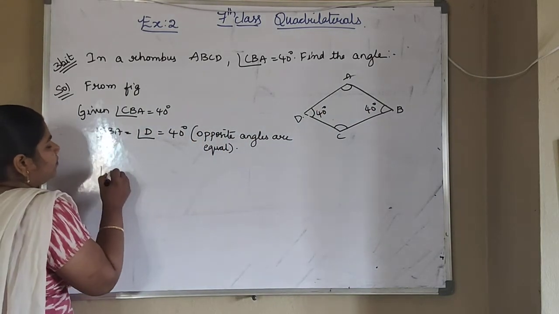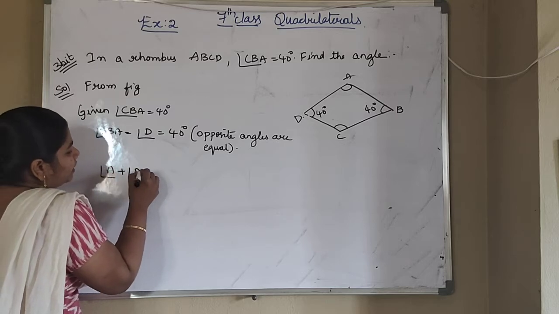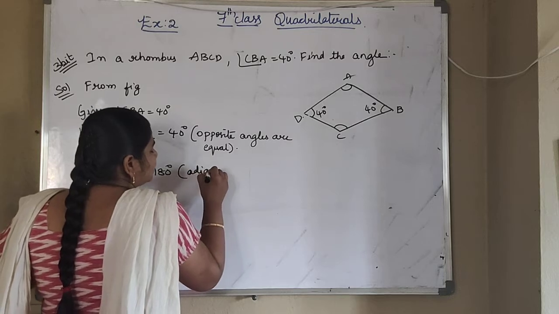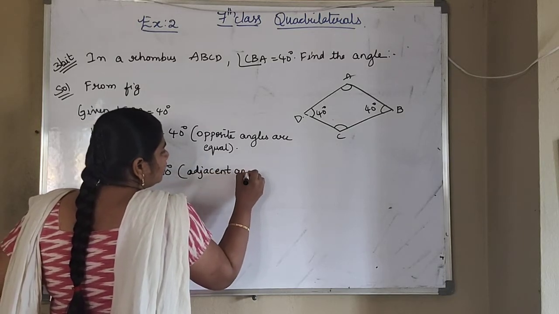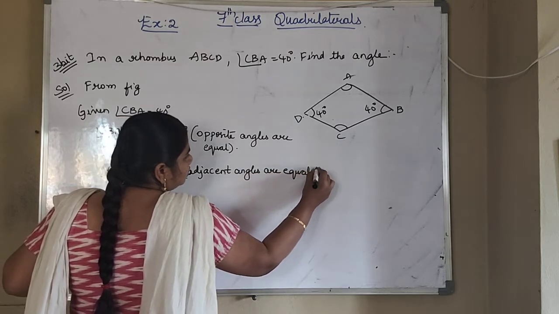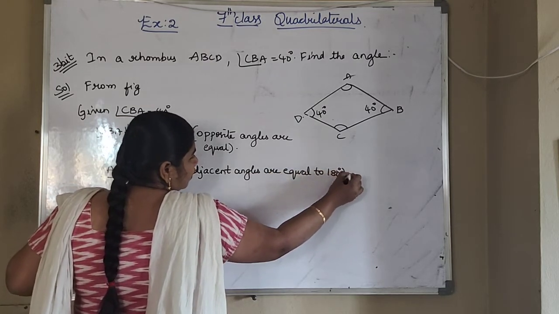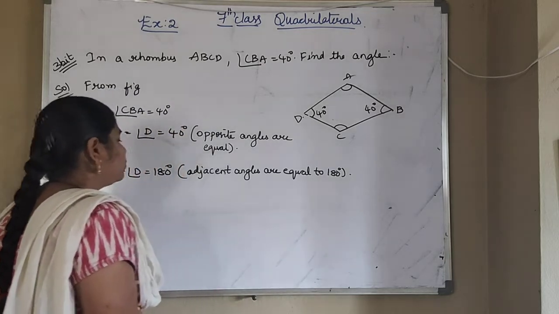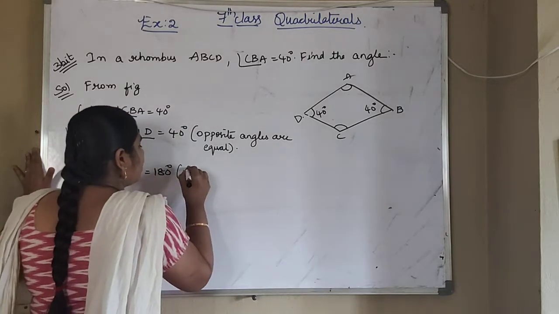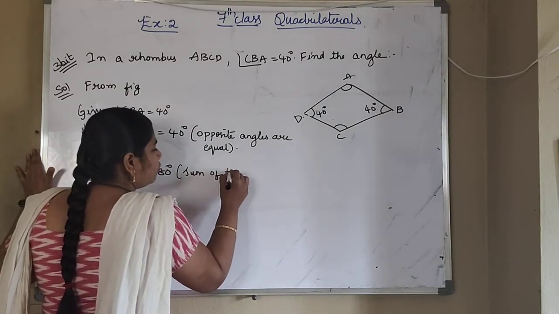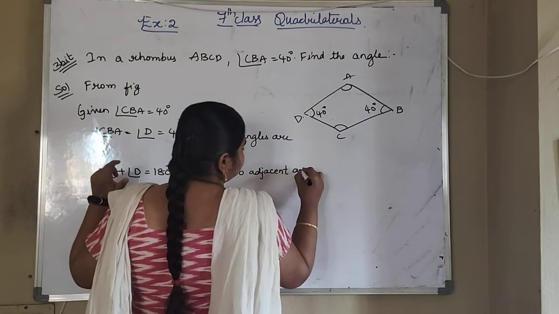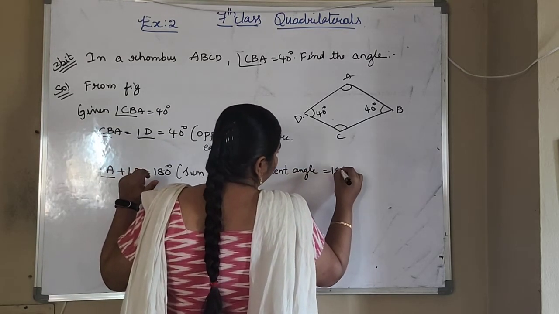So we can write here angle A plus angle D is equal to 180 degrees because adjacent angles. The sum of two adjacent angles is equal to 180 degrees.